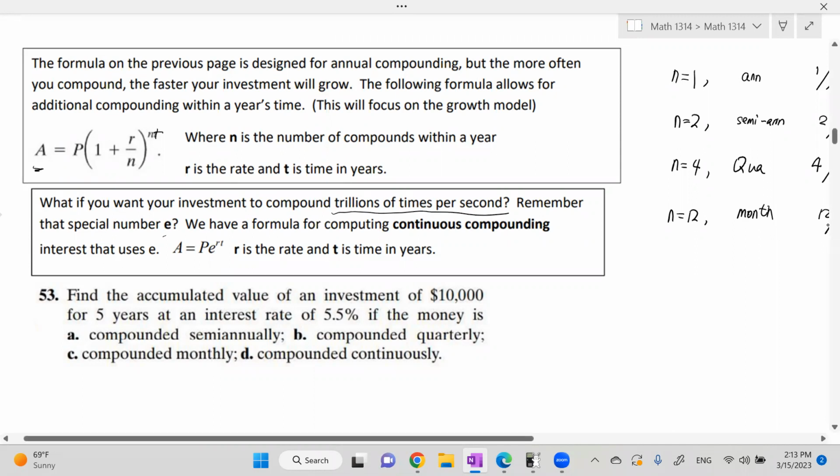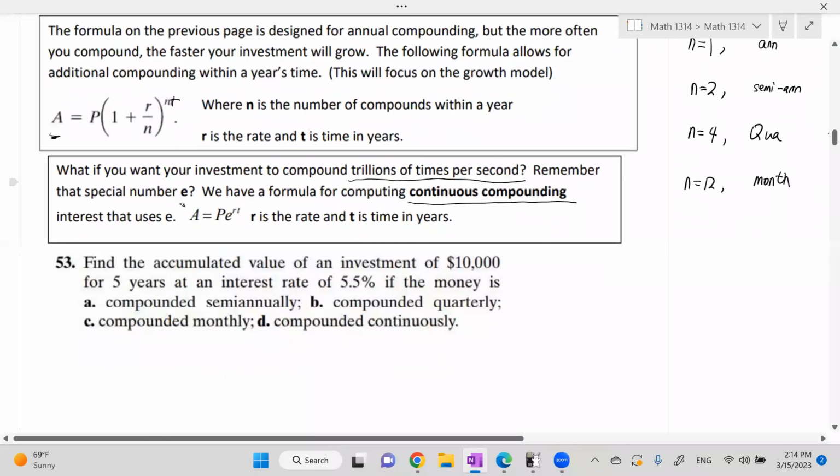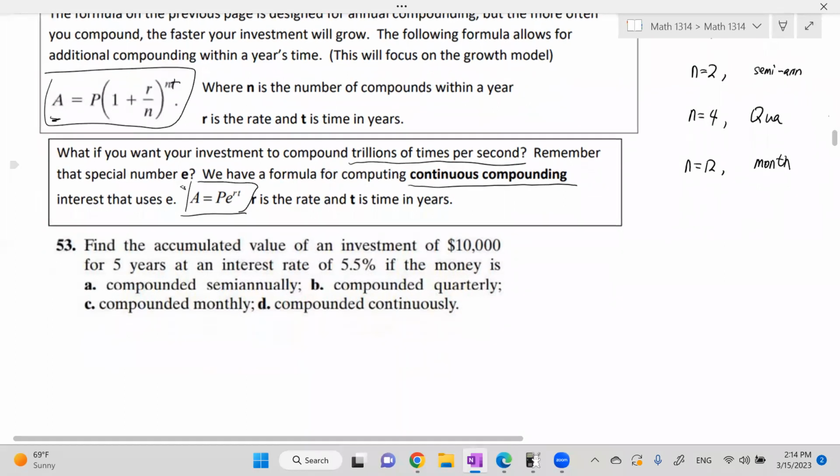We are using the base E, the special number E. We have a formula for computing continuous compounding interest that uses E: A equals P times E to the RT. R is the rate and T is time in years. We are not using the previous formula; we are using the new formula for continuous compounding.